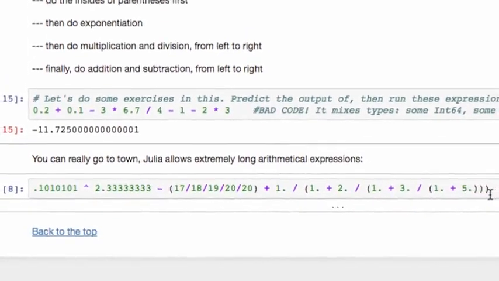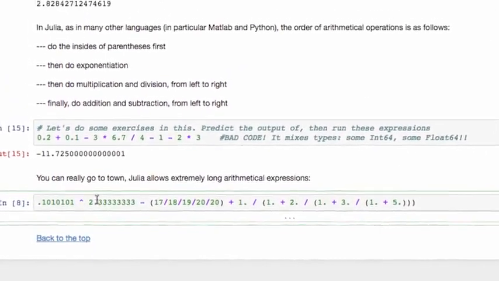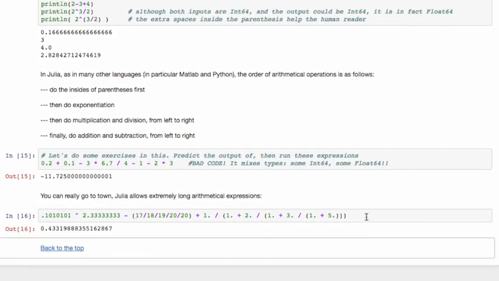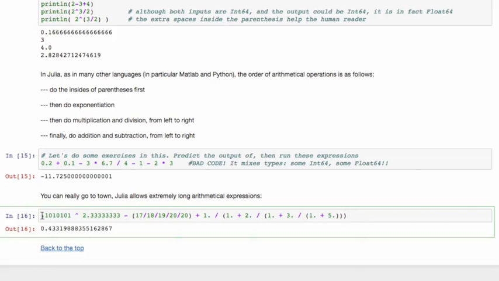Let us illustrate how long the expressions can be. This is quite a long expression in Julia, doing an arithmetic. If we like, we can make it a lot longer. So I highlight that, I copy it, using some operator, I don't really care what, let's use the exponentiation in this case.